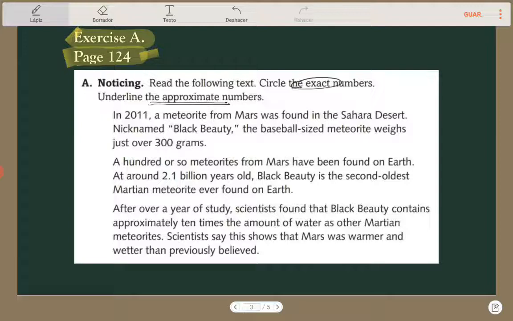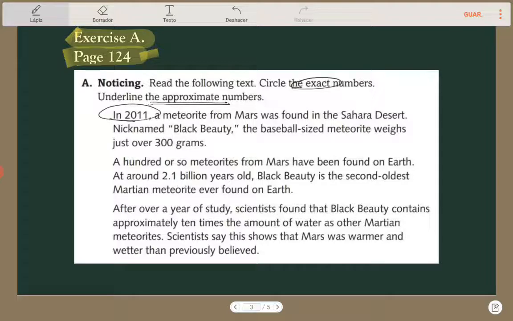We're going to start. It says, in 2011, a meteorite from Mars was found in the Sahara Desert, nicknamed Black Beauty. The baseball-sized meteorite weighs just over 300 grams. So here we have some numbers. In 2011, that's something specific. It's an exact number, so we circle.